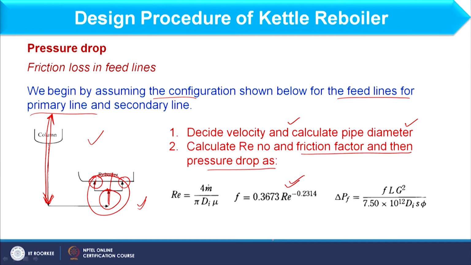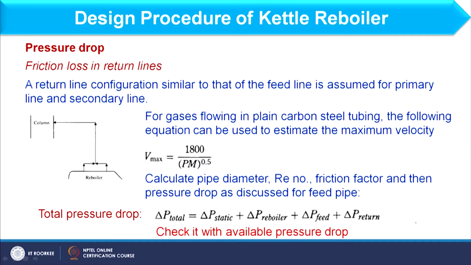Here I have the Reynolds number, so we can find the friction loss, and once I have the friction loss, I can find out the frictional loss in the feed line. All these parameters you know already. This expression we have used in the double pipe heat exchanger design, right?